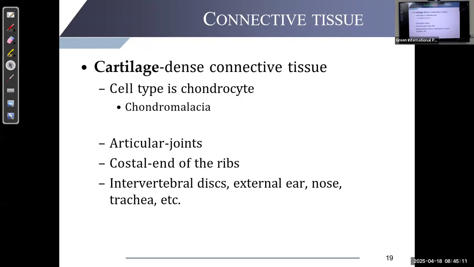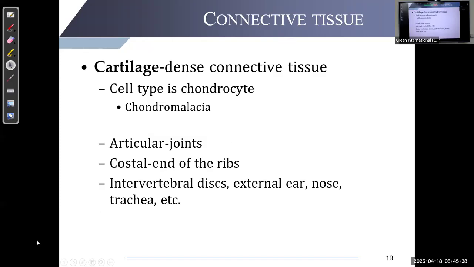What is cartilage? Then what's a ligament? Yes, it is dense. And cartilage is a bit dense. It is a connective tissue, but a dense connective tissue. The cell type is chondrocyte.